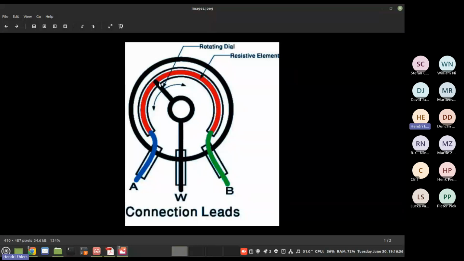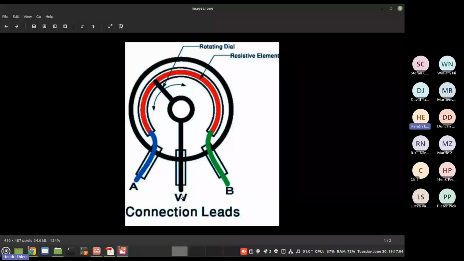And then you've got the wiper, and the wiper is connected to the center pin in most cases. But you know what they say about assumption. So if you see a variable resistor that looks different to what you're used to, you will then measure that out.